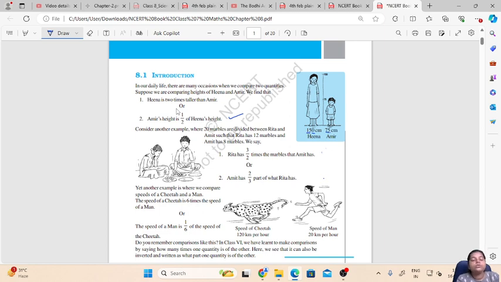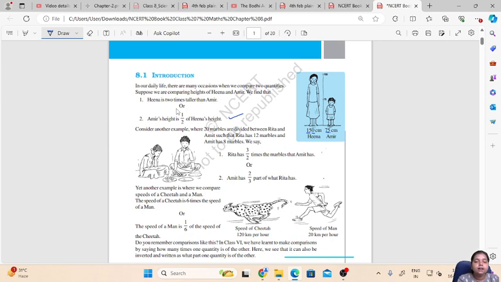Another example which they have given is that 20 marbles are divided between Rita and Amit, such that Rita has 12 marbles and Amit has 8 marbles. So we say that Rita has 3 by 2 times the marbles that Amit has. How can we do it?